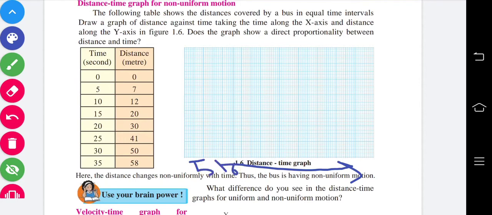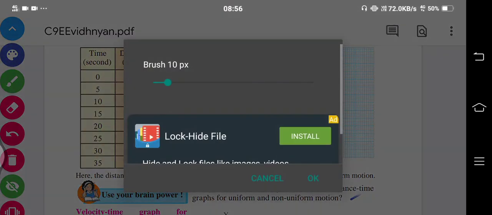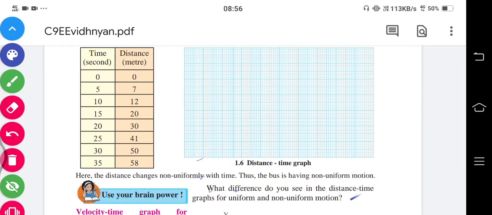Just wait, I'll take a smaller scale. Okay, fine. Here is 5, here is 10, here is 15, and you can continue in the range of 5.